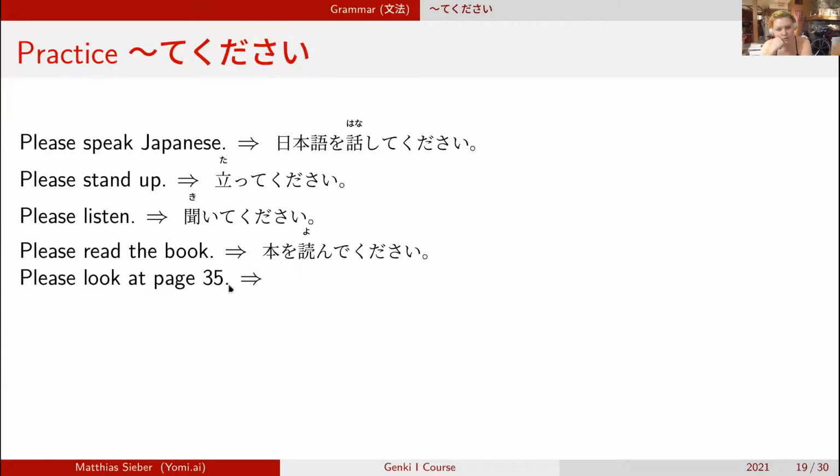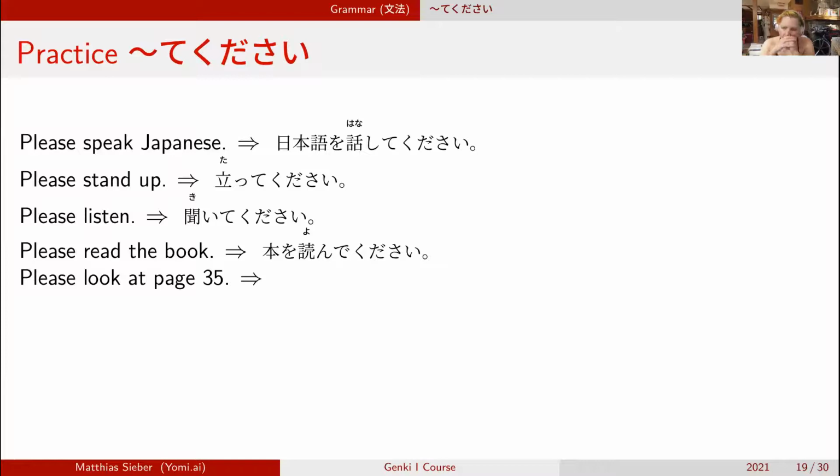Please look at page 35. ページ35を見てください。 Yeah, close. Actually, peiji, believe it or not, is a counter.